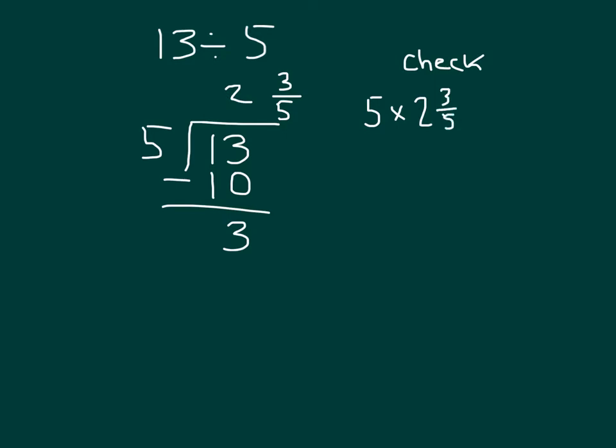Now 5 times 2 and 3/5 can also be expressed as repeated addition, and I have to add 2 and 3/5 together 5 times.